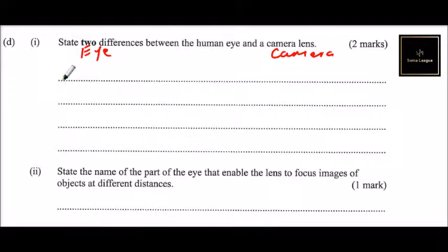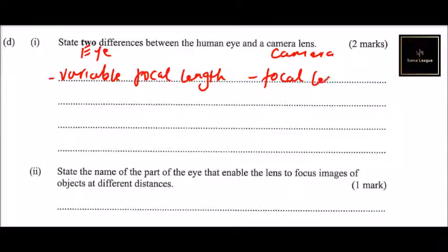The first: the eye has a variable focal length, but the camera's focal length is fixed. So that's one difference.